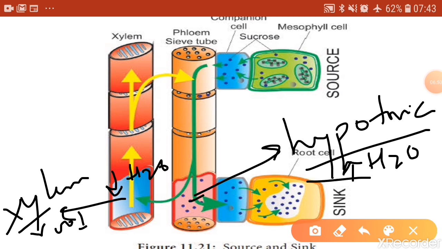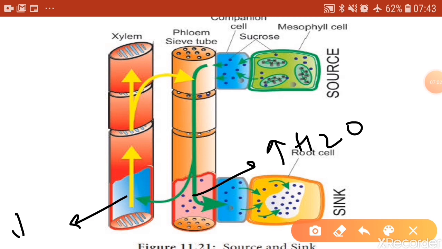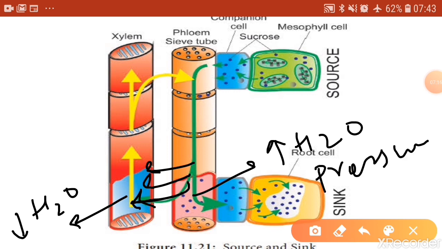So because of this difference in water concentration, the water in the sieve tubes of the sink region is much higher when compared to the water in the xylem vessels. Because of this, water moves out of the sieve tubes, and as water moves out, the pressure over here is reduced.